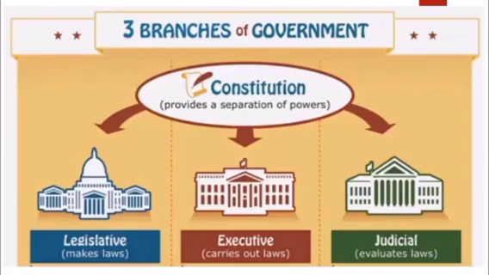So there are three branches of government, right? The Constitution provides a separation of powers: legislative, executive and judicial. The legislative branch makes laws, the executive branch carries out laws, and the judicial branch evaluates laws.